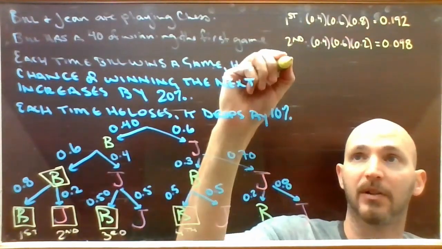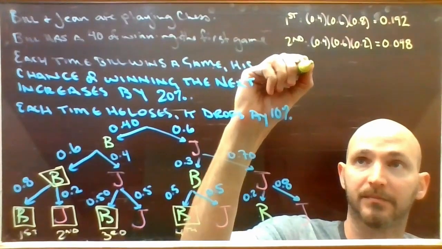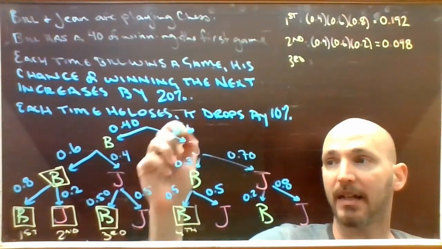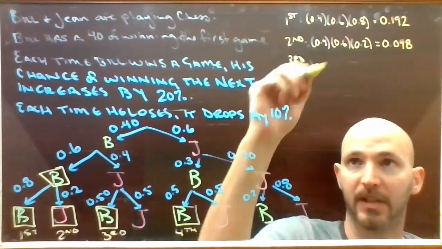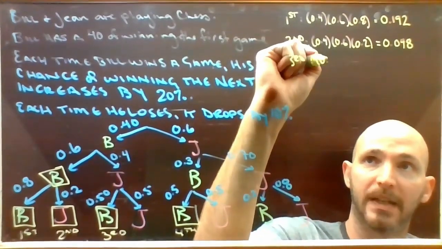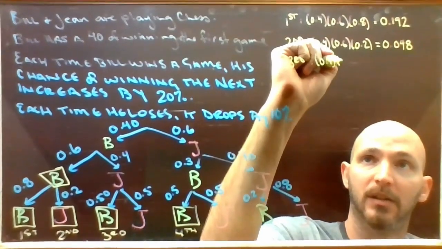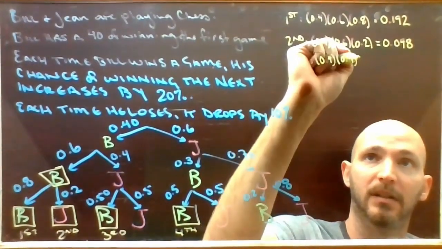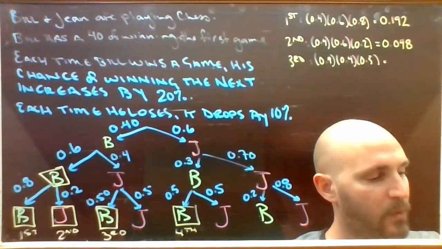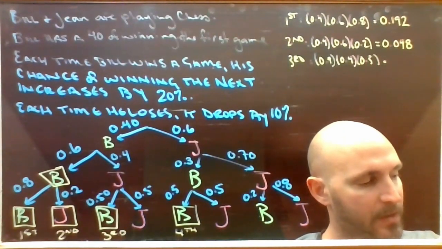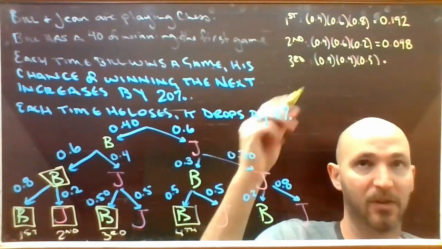We need to get our third option here. To end up at this block, he had to win at 40, lose at 40, and then win at 50. 0.4 times 0.4 times 0.5 is 0.08.